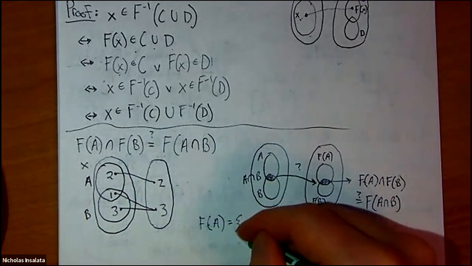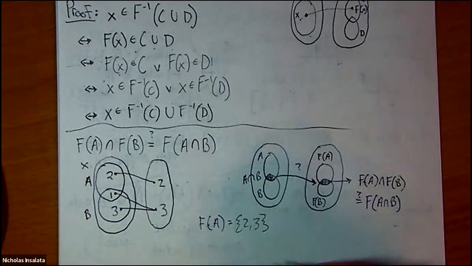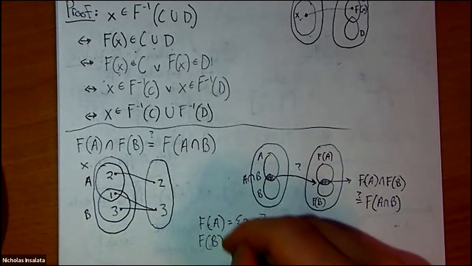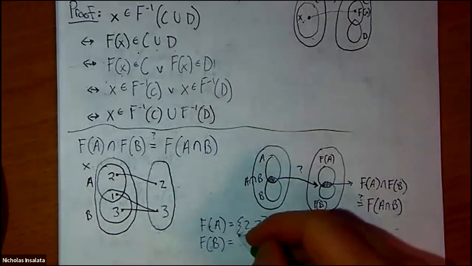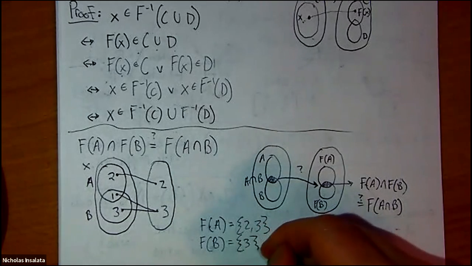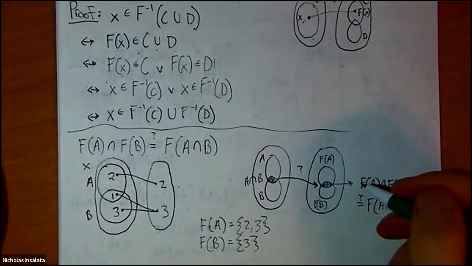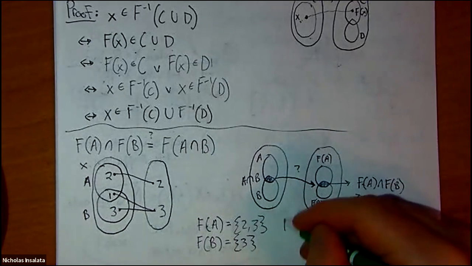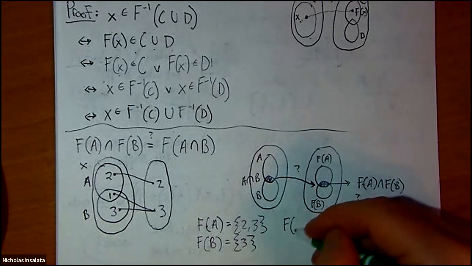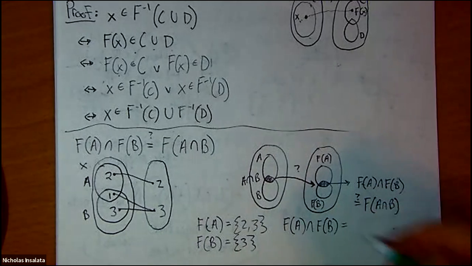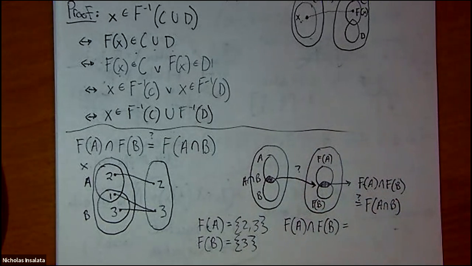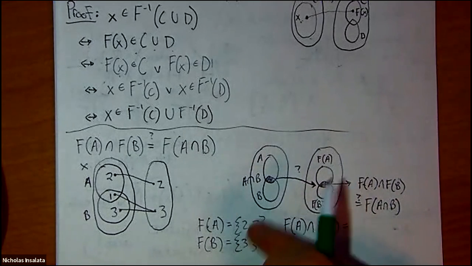Perfect. Okay, how about f of B? Just 3. Okay. So in that case, f of A intersect f of B equals what? Just 3. If I intersect these two things, the only thing that's in common is the 3.